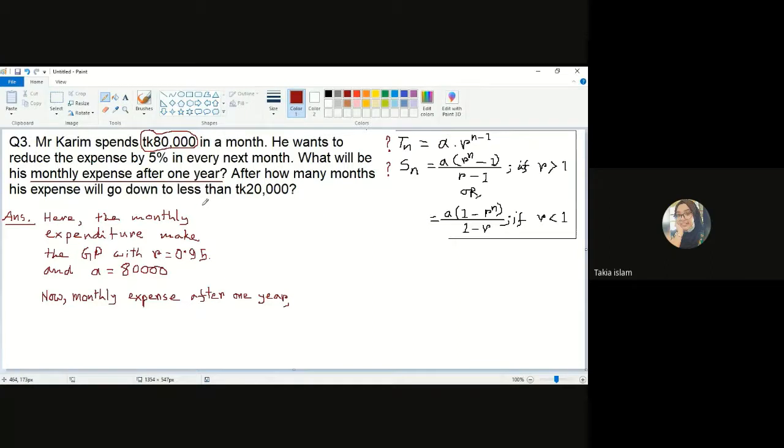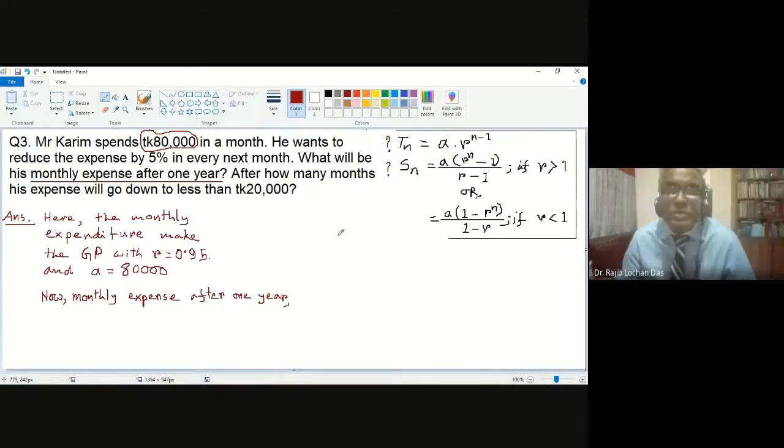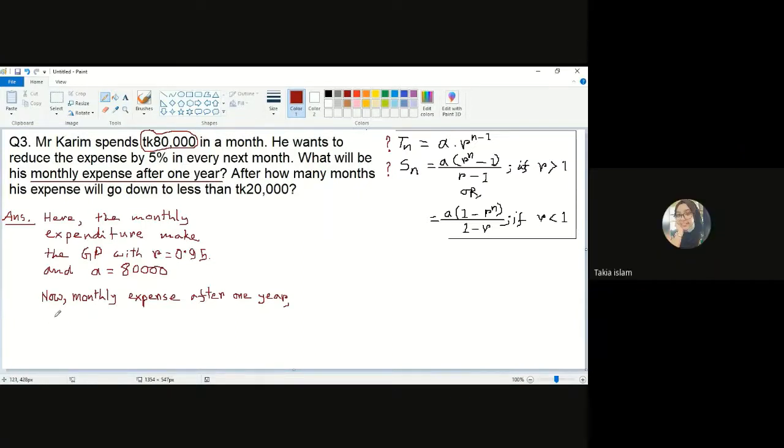Okay, sir. So if it's about the first part, then it will definitely be T1, because that is my question. So why T1? Sir, the question is about after 1 year, which will be his monthly expense. So we will count after 1 year, like 12 months.